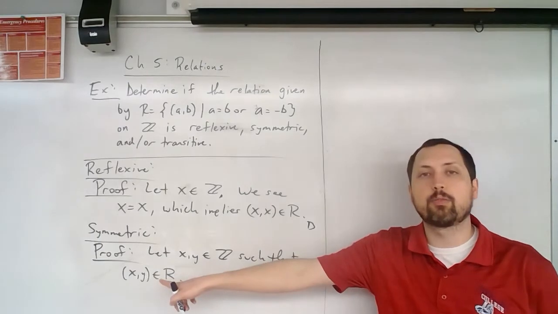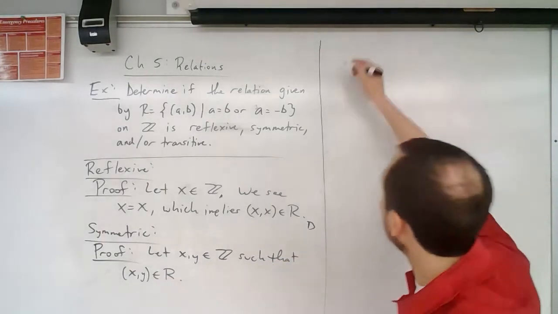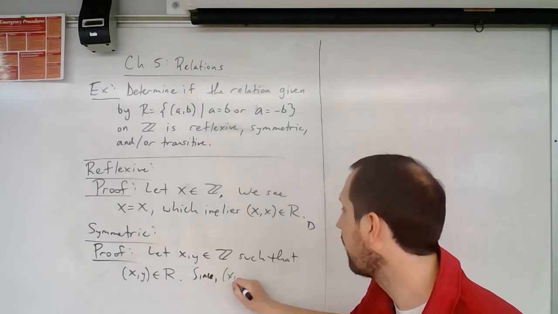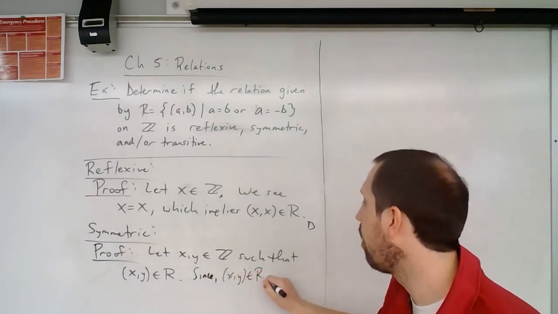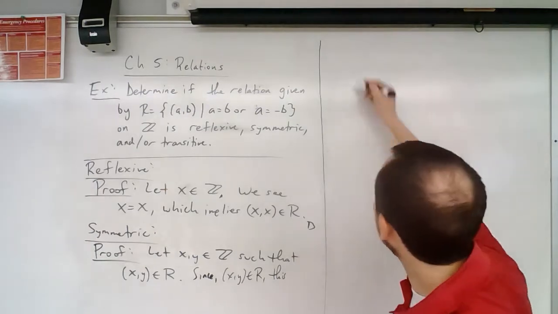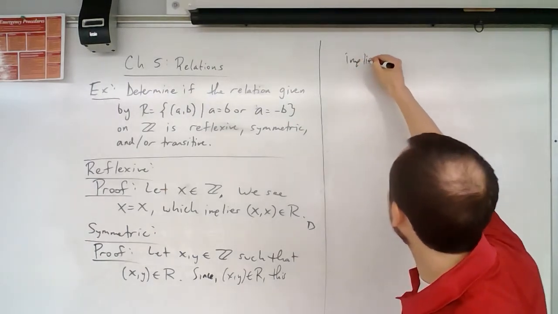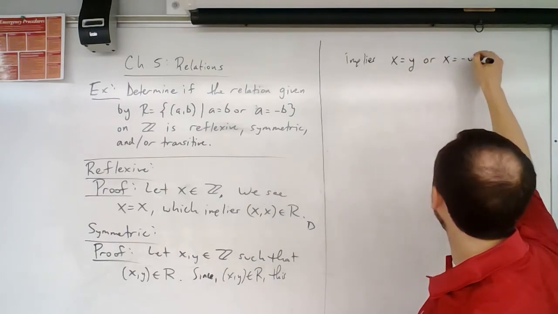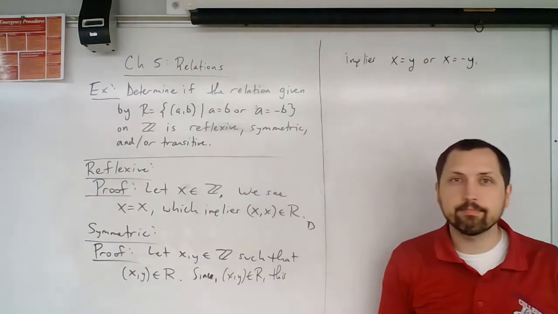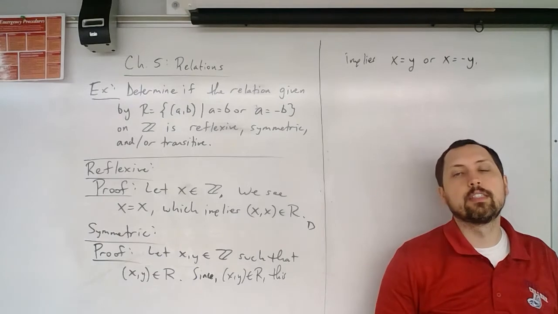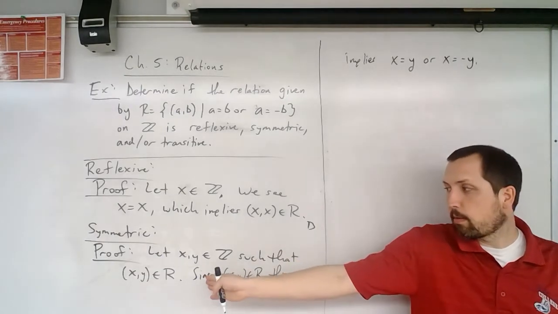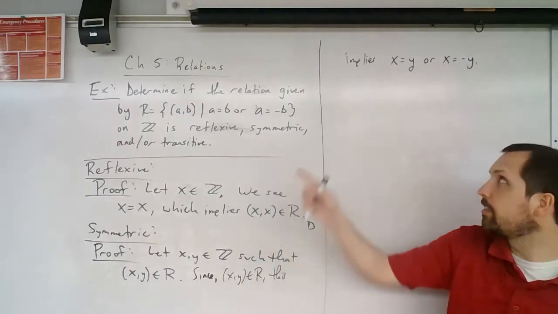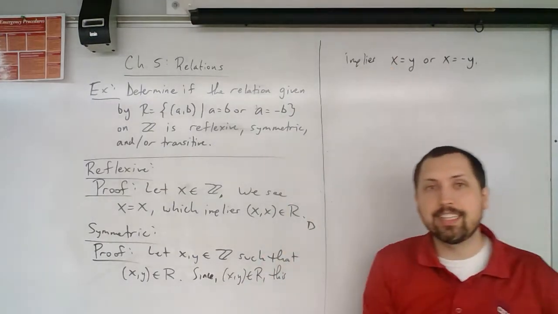So since (x, y) is in R, this implies that x is equal to y or x is equal to negative y. All right, so we know this from our definition of it being in this set R. So since it's in this, that means x equals y or x is equal to negative y.